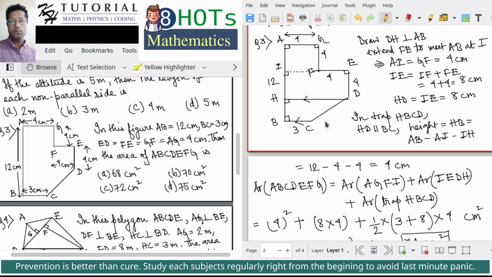It could be possible that you can divide this figure into some other smaller figures, maybe some other rectangles or squares or trapeziums. I'm not aware of that, but I think this will be one good solution of this problem.